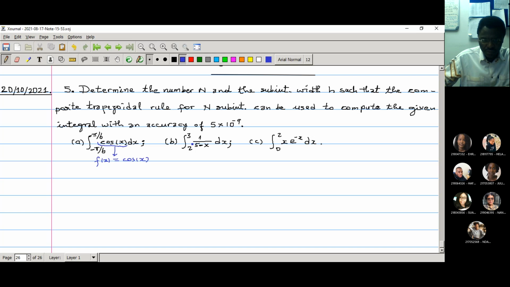That's why you use it in your rule. And here, f of x is 1 by 5 minus x.